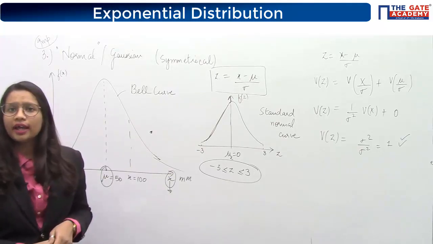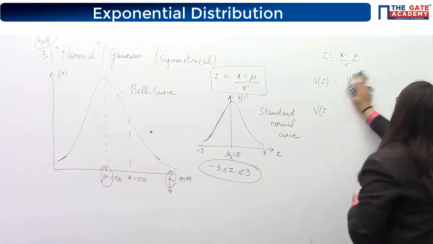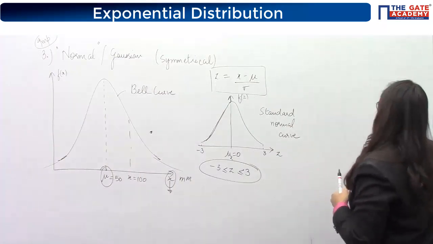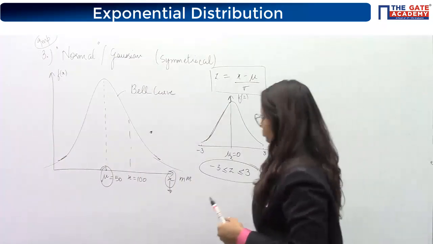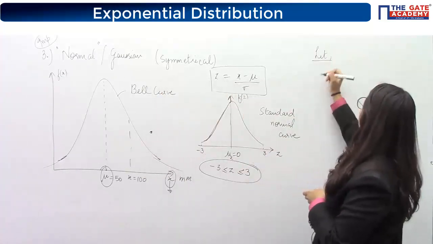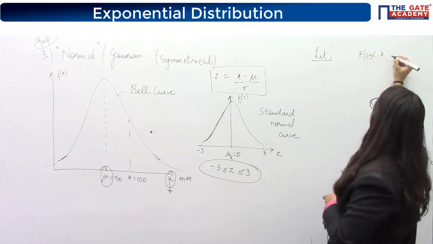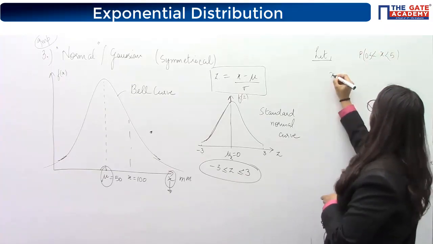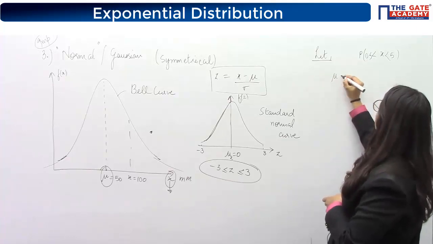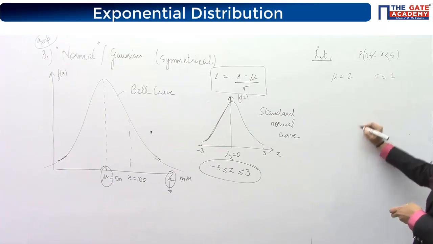Now what was required actually? We actually wanted to find out the probability from 0.5 to 5. So let's take an example that you require this probability from 0.5 to 5 and you have been given that the mean of x is, let's say, 2 and standard deviation is 1.